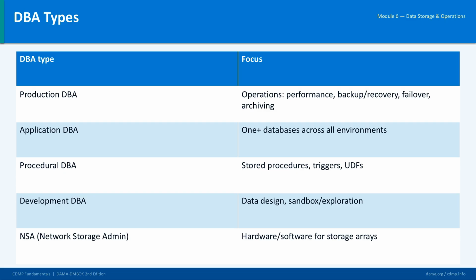The procedural DBA focuses on stored procedures, triggers, and user-defined functions. The development DBA handles data design and the sandbox exploration environments. And the network storage administrator, the NSA, manages the hardware and software supporting the storage arrays. Note that the procedural and development DBA functions are often combined into a single position, and the DBA generally serves as Level 2 technical support.